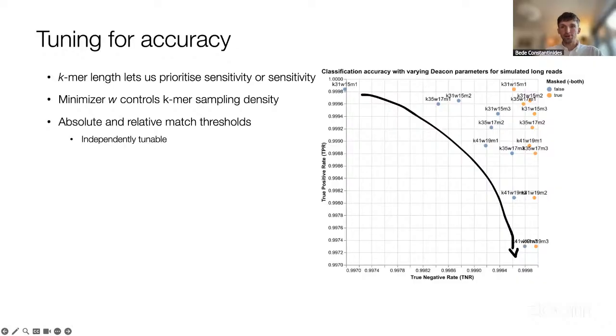That's what's shown here, by adjusting our k-mer length, our minimizer parameters and our hit thresholds. And this shows some of the experimentation involved in selecting the default thresholds, which are possible to change, but I would argue deliver the best balance of sensitivity and specificity.